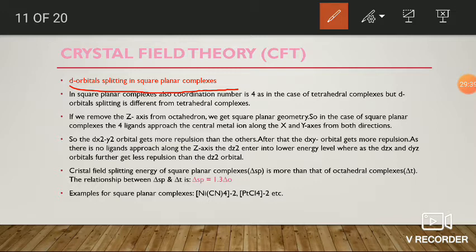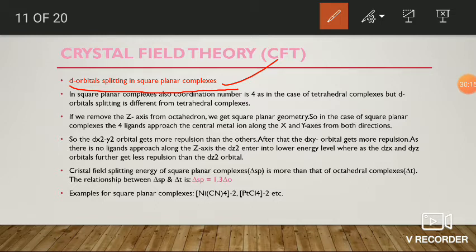Next, if you observe the splitting in square planar complexes, you can obtain the square planar geometry by removing the z axis, that is, the two ligands which are present along the z axis. If you remove the ligands along the z axis completely, the octahedral shape is converted into the corresponding square planar geometry.